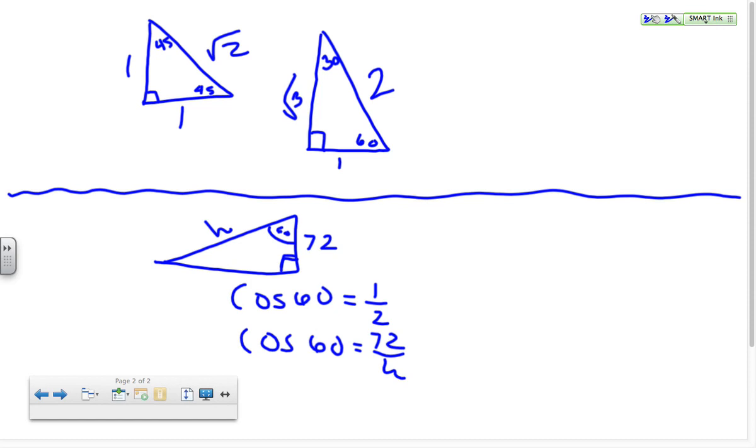They're both the cosine of 60, so I can set them equal to each other. At this point, you should be able to figure out in your head what this means. If 1 is the same as 72, I have to go 2 times 72 to get h. So h equals 144. So this uses ratios, it uses fractions, it uses just total portions to find the pieces that you need.